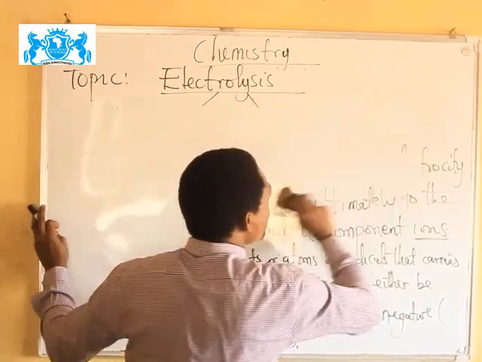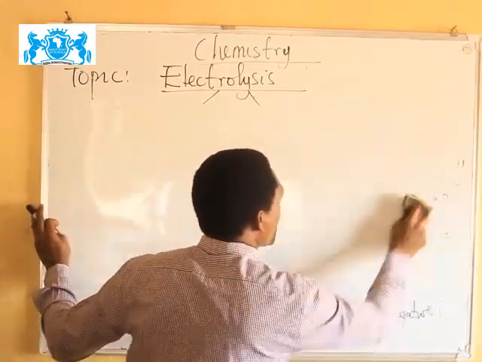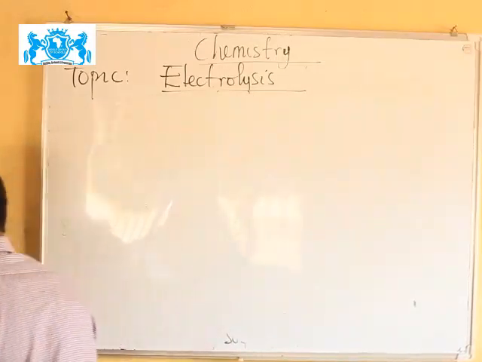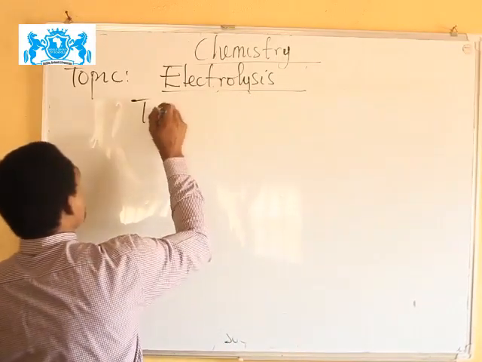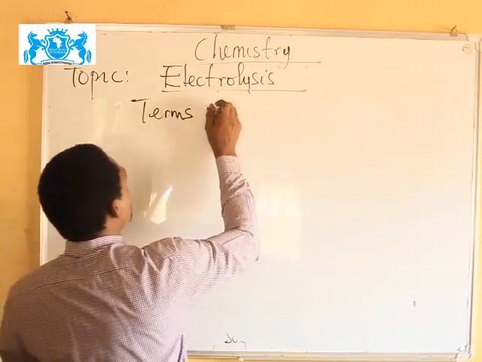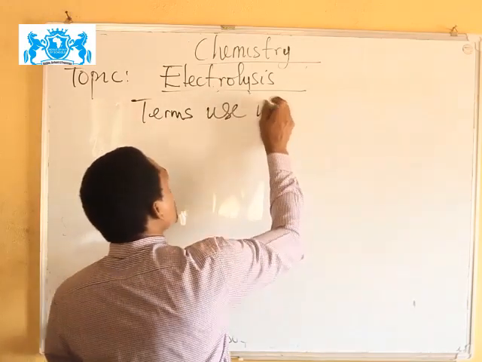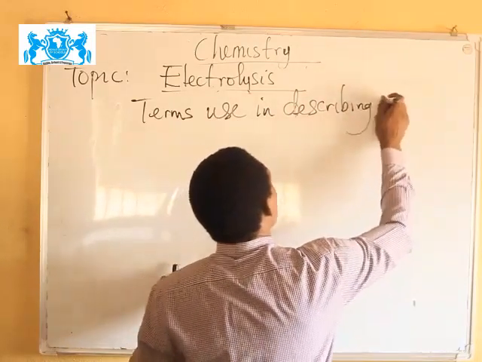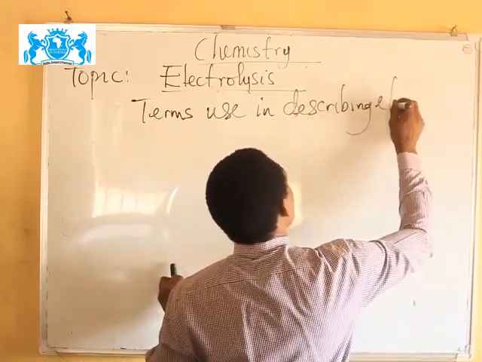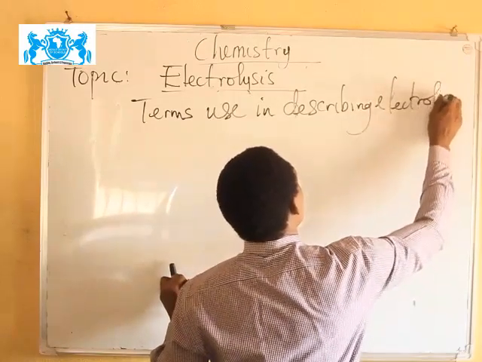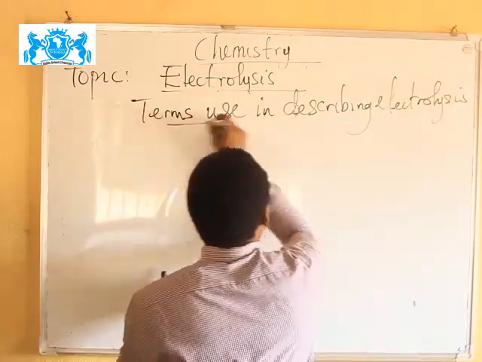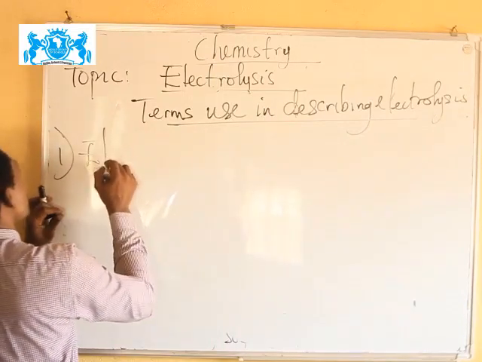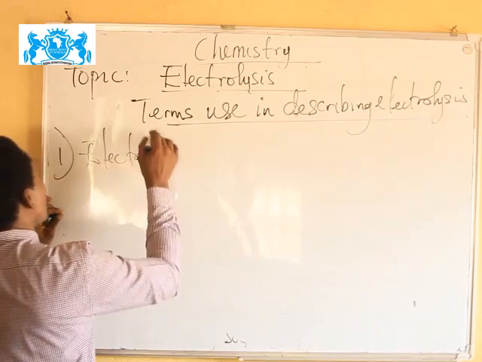Let me quickly list the terms used in describing electrolysis. We will see things like, number one, electrolyte, and number two, electrode.